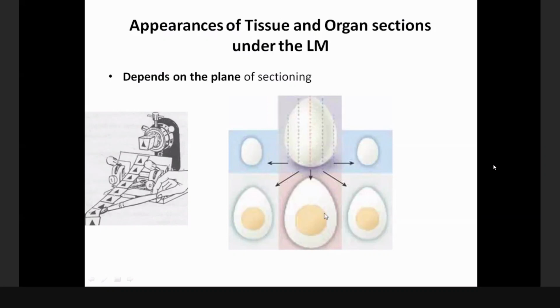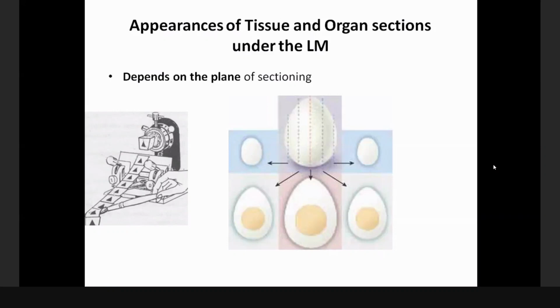So you see, the appearance of tissue and organ sections under the microscope depends on the plane of sectioning. When you look at histology slides under the microscope, you have to have in mind how these were cut, or the plane of their section.